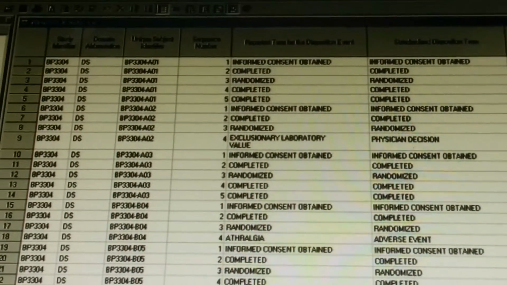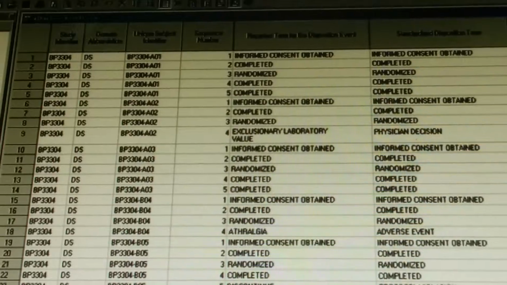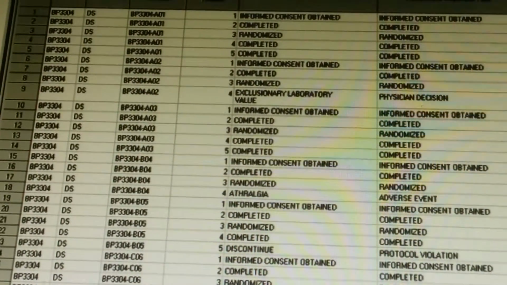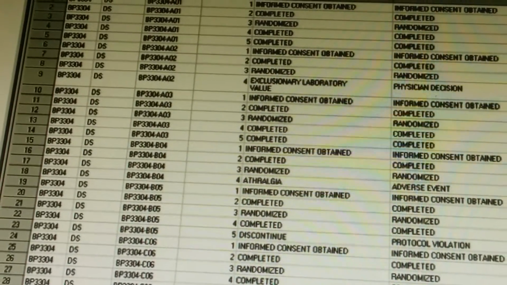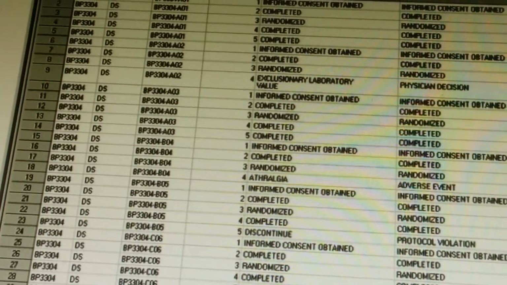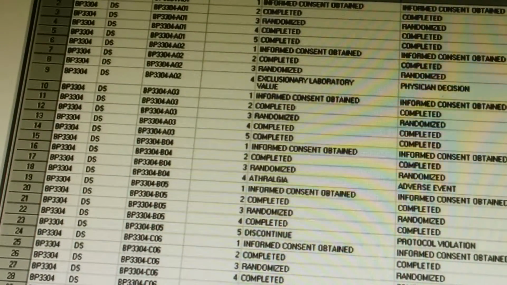Yeah. So, got a question going on here right now with Aisha as well, and that is that the informed consent is not in the CRF. So yeah, it is in the disposition data set, but we don't have it actually annotated within the CRF.